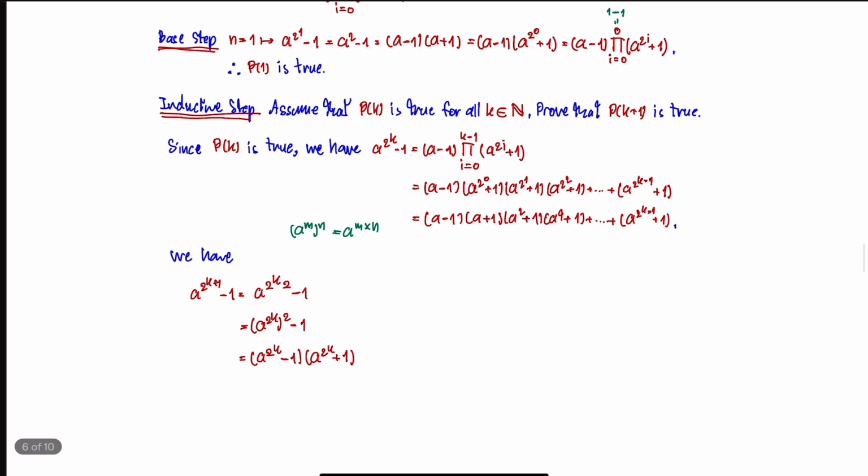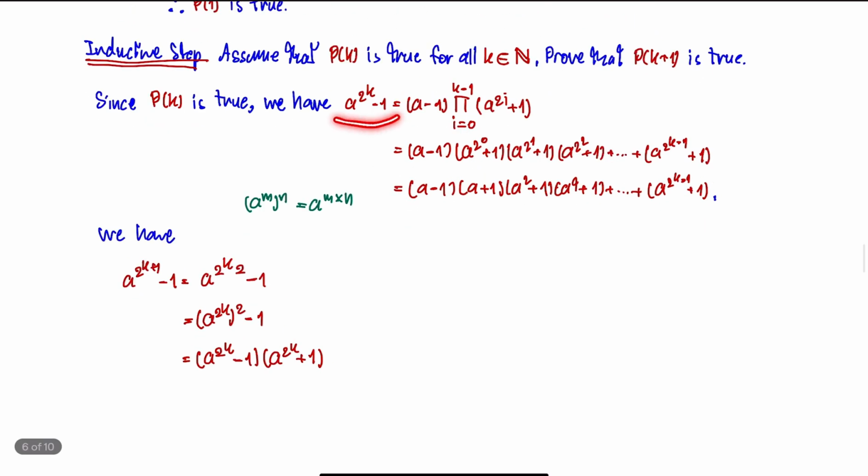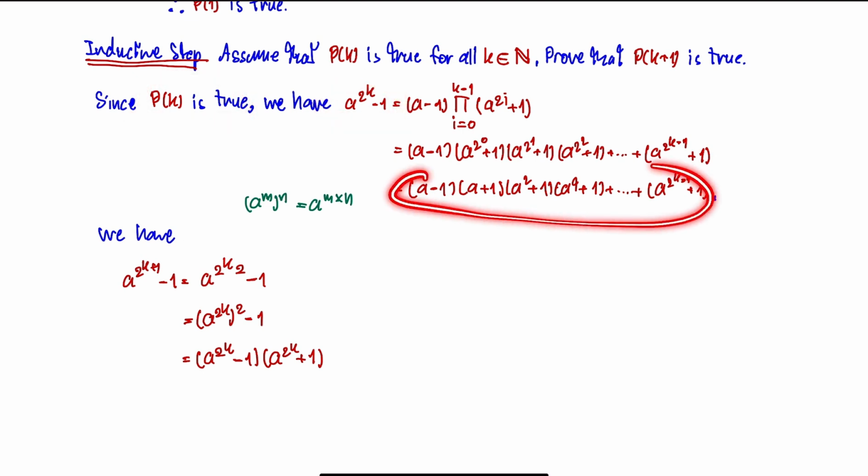Then what do we have next? So we have this term right here, which we plug in from the fact that P of k is true. So we will substitute this term into here.